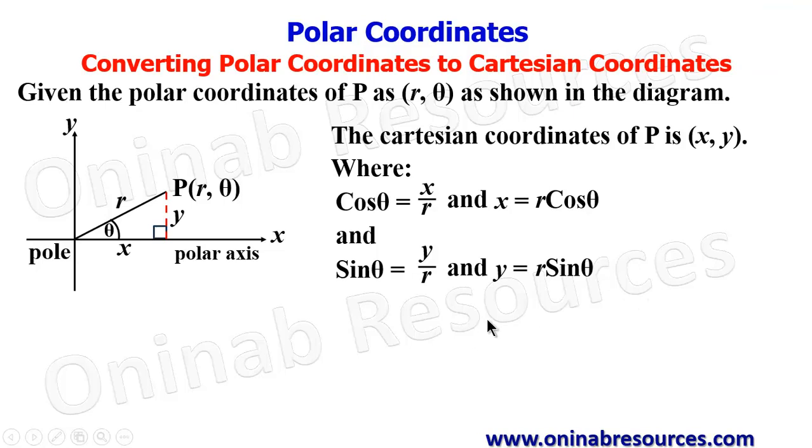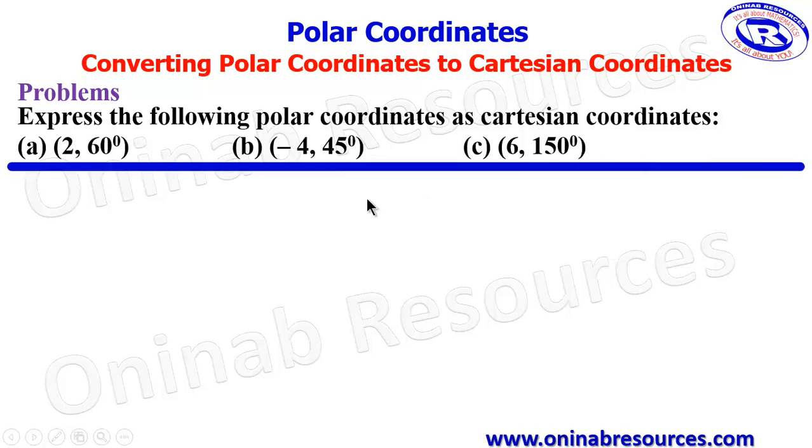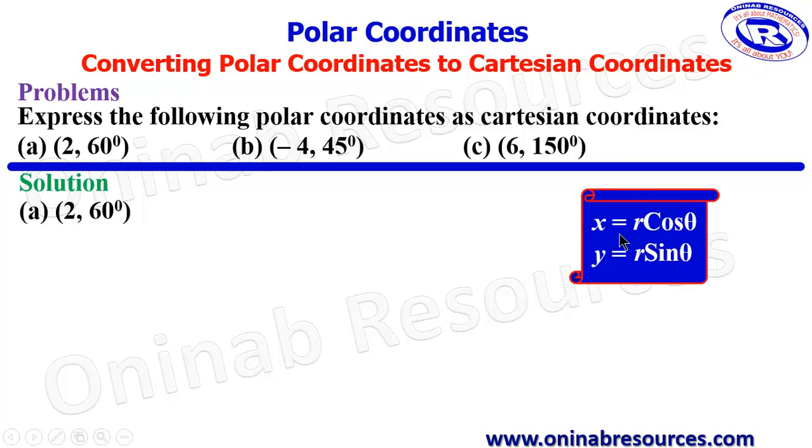So we go ahead to solve some problems. We are to express the following coordinates as Cartesian coordinates. For A, we have 2, 60 degrees, B, negative 4, 45 degrees, and C, 6, 150 degrees. So we start the solution from A. So we have the formula here.